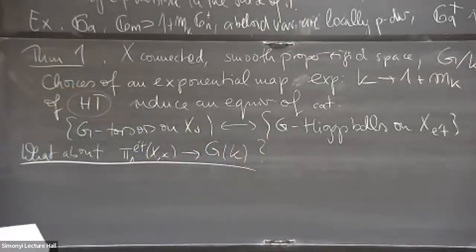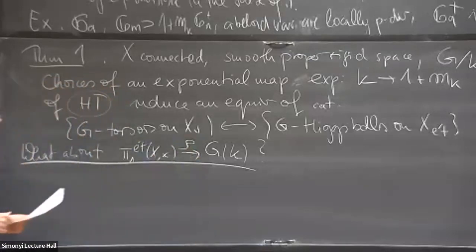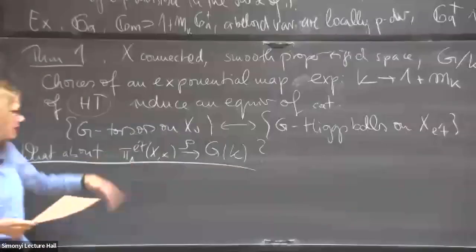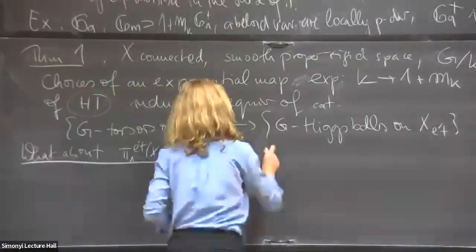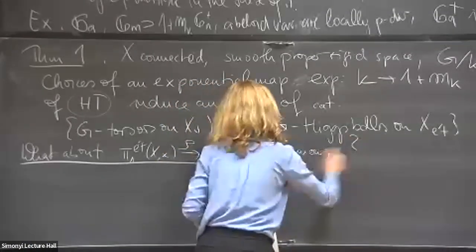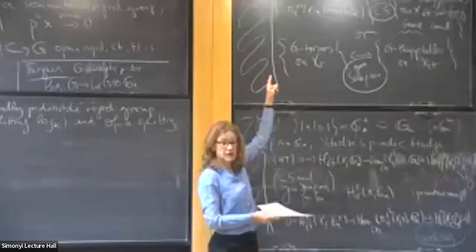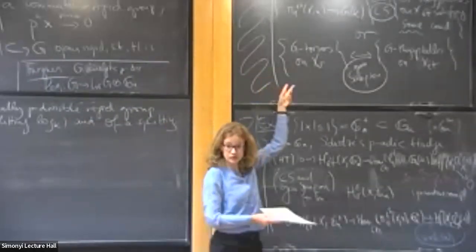First of all, whenever you have a continuous homomorphism rho like this, so let me say continuous, this is something which would sit here on the left, in this upper correspondence.